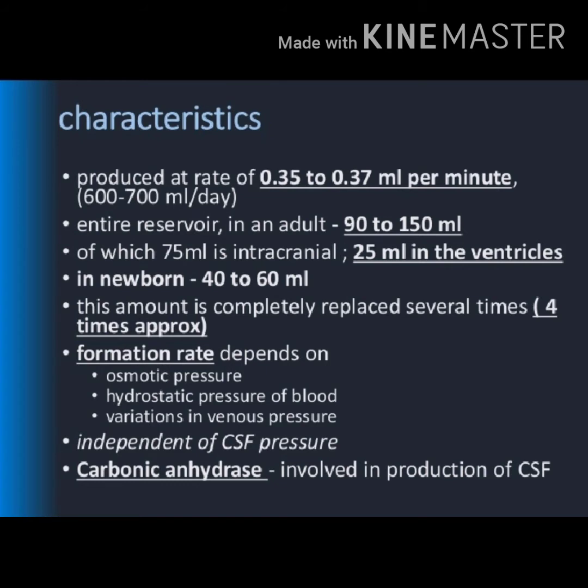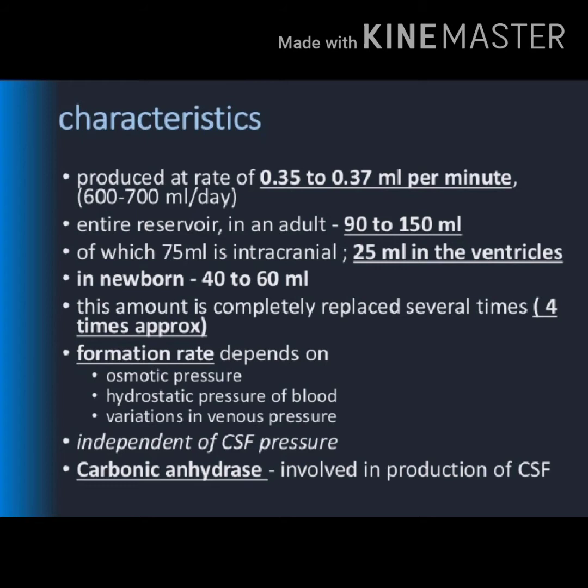It is produced at the rate of 0.35 to 0.37 ml per minute. For example, per day it produces 600 to 700 ml. The entire volume in an adult is 90 to 150 ml, of which 75 ml is intracranial and 25 ml is in the ventricles.